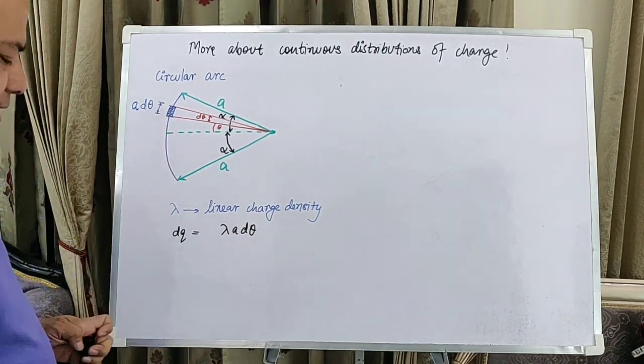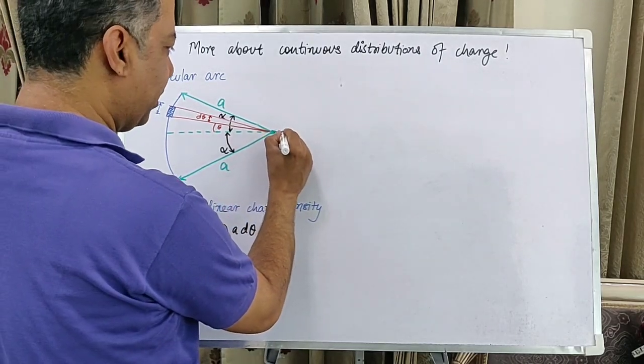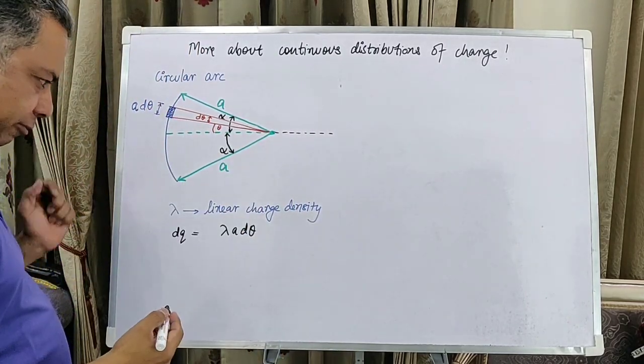That's the charge on the element. Now we are going to calculate at this point here the electric field due to this element first, then a summation of those fields.